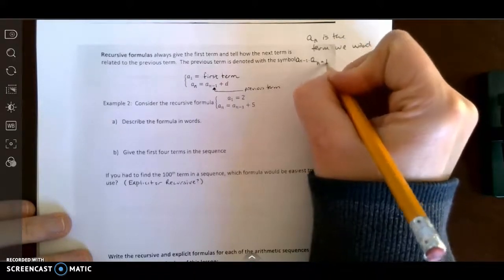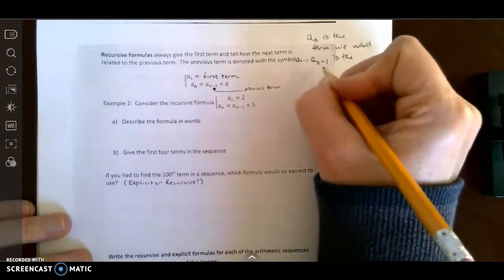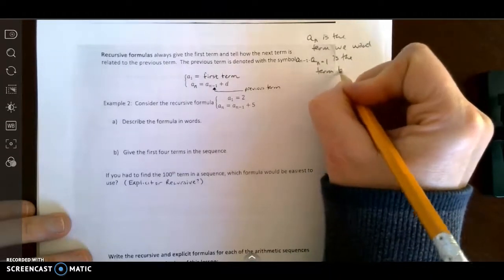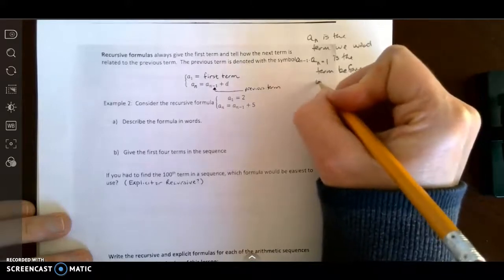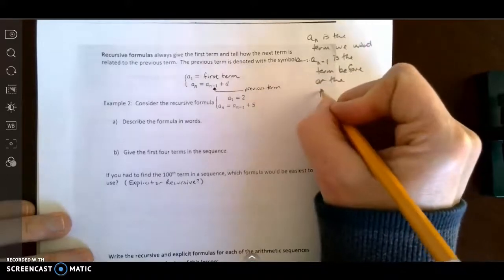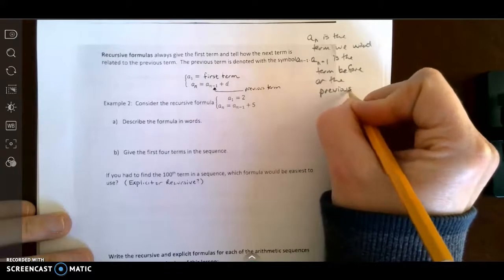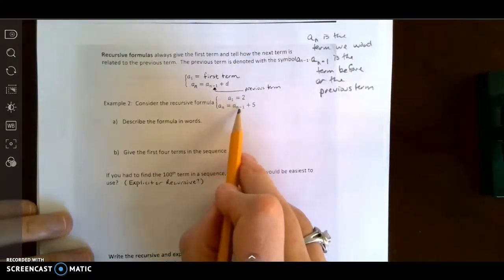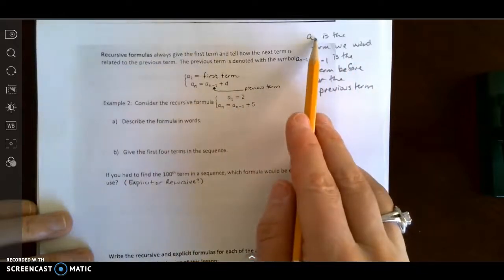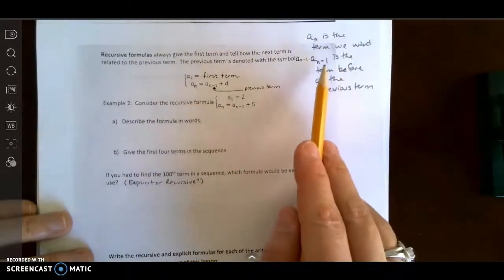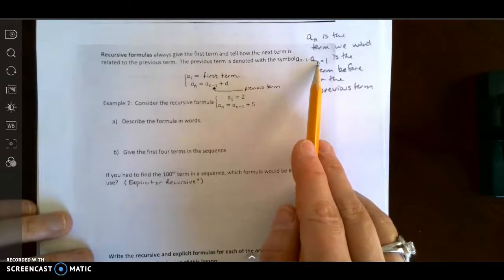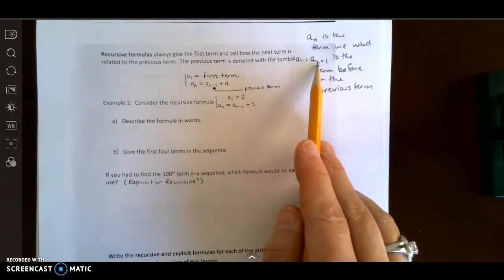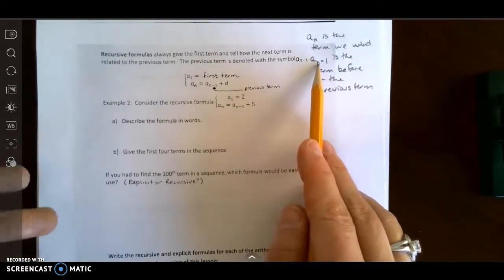A sub n minus 1 is the term before, or the previous term. So don't let that n minus 1 subscript throw you. A subscript just tells you this is the, like if this was the 10th term, 10 minus 1 is 9. This would be the 9th term. 9 comes before 10. It's the previous term.